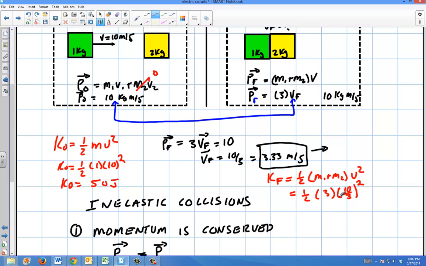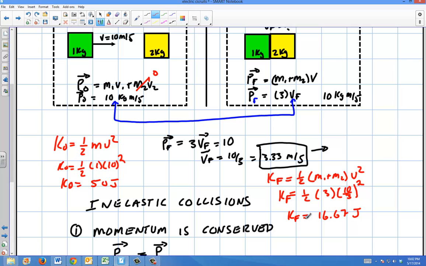Okay, so if I go ahead and calculate that out, I'm going to get 10 over 3, and then if I square that times 3 divided by 2, I'm going to get a kinetic energy final of about 16 point, let's just say 6-7 joules. So I have considerably less energy, kinetic energy afterwards.